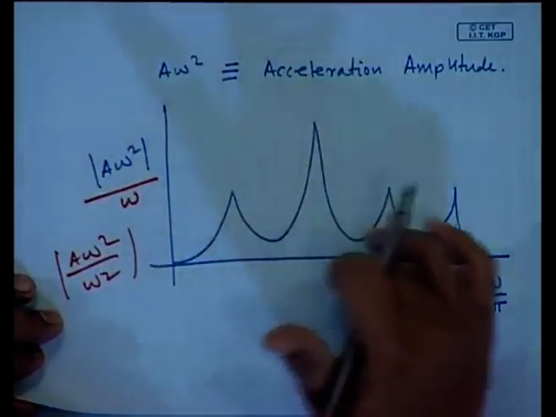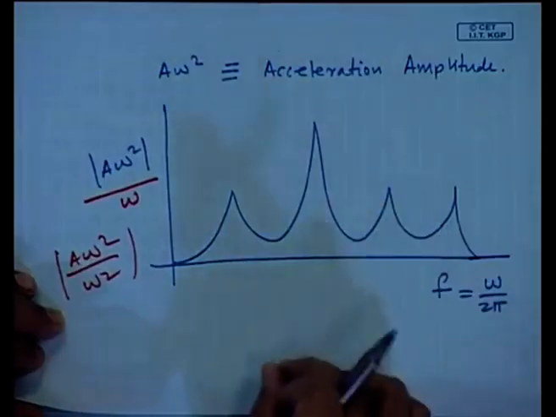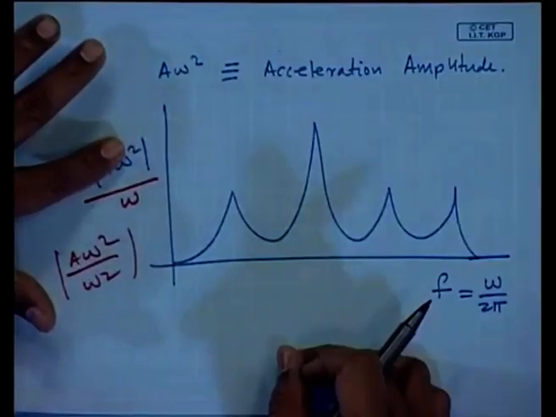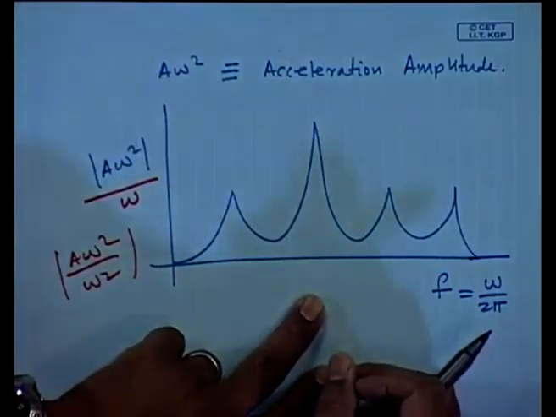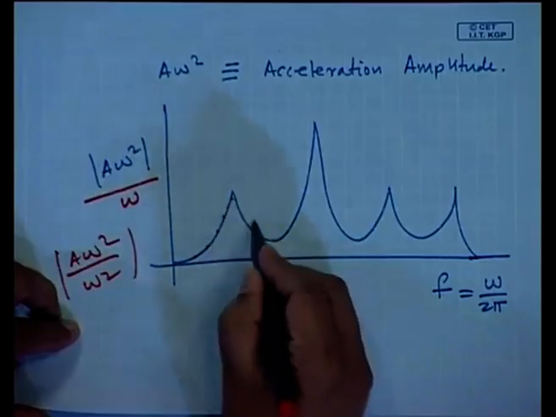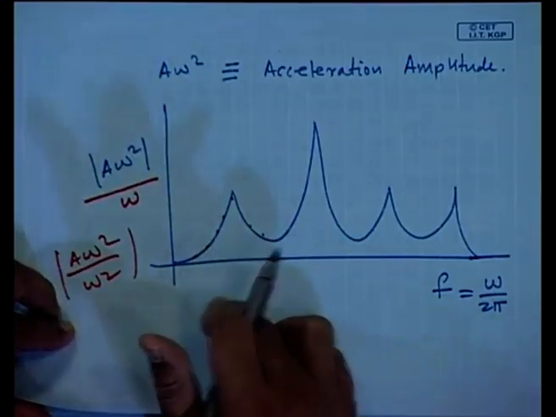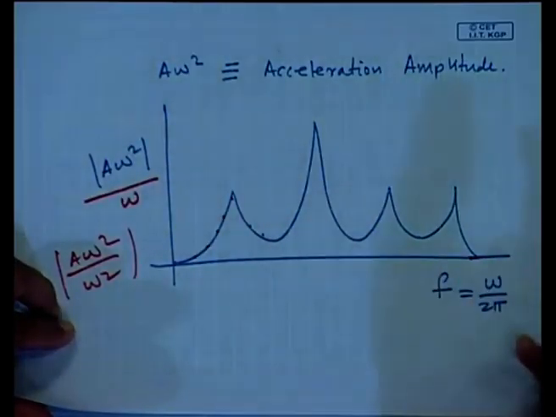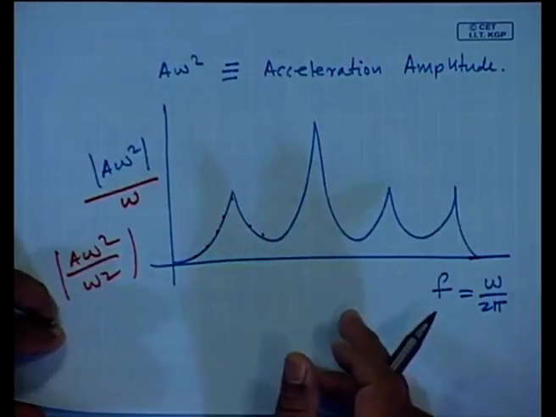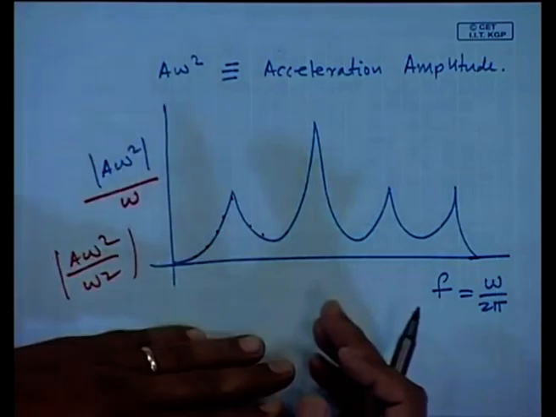So, this is done electronically. Once you measure with an accelerometer, you measure the acceleration a omega square. Once you do the Fourier analysis, you will get the spectrum. All you have to do is at every frequency, either divide it by omega or divide it by omega square, and then you will get the velocity spectrum or displacement spectrum. And so, this is done as a post processing.